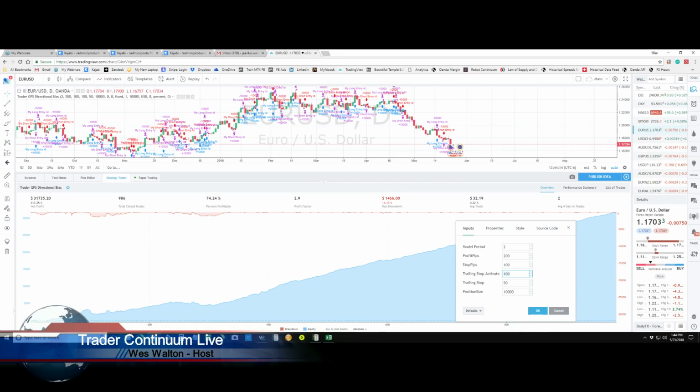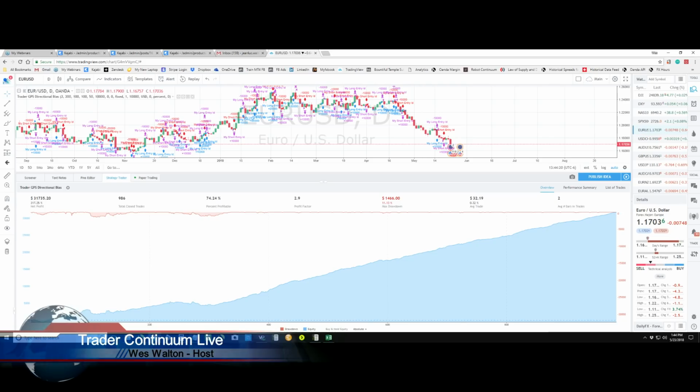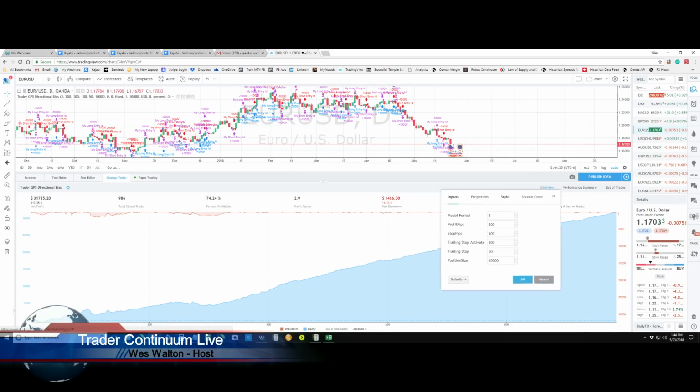So what we would rather see is a little bit less profit, but a much lower drawdown. And granted, yeah, we all like having a lot of profit, but at the same time, a 14.5% drawdown just hurts. So let's keep changing a few things here.